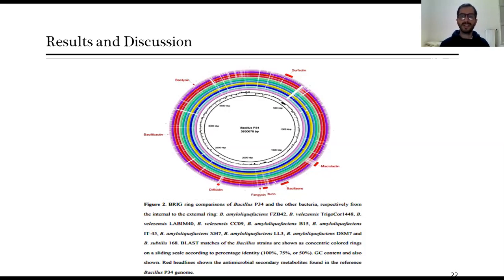And I reported in the external ring the metabolites identified through antiSMASH, with their orientation and disposition inside the whole genome.